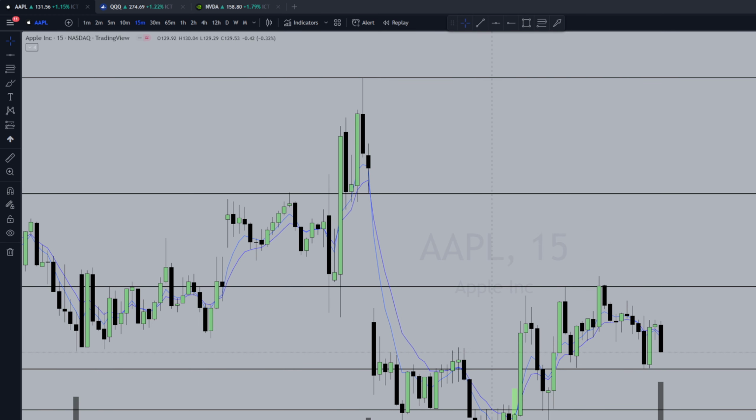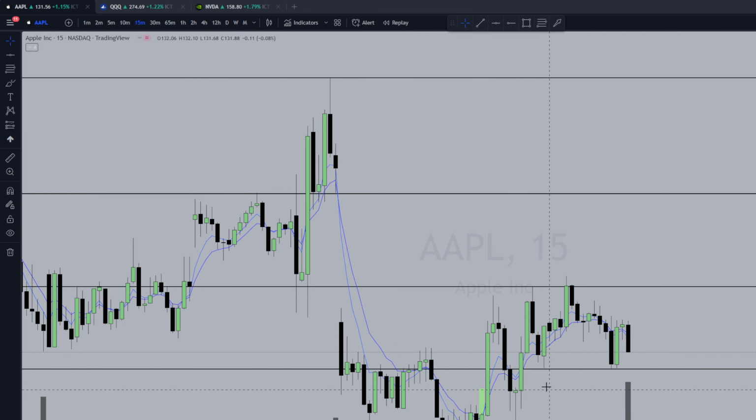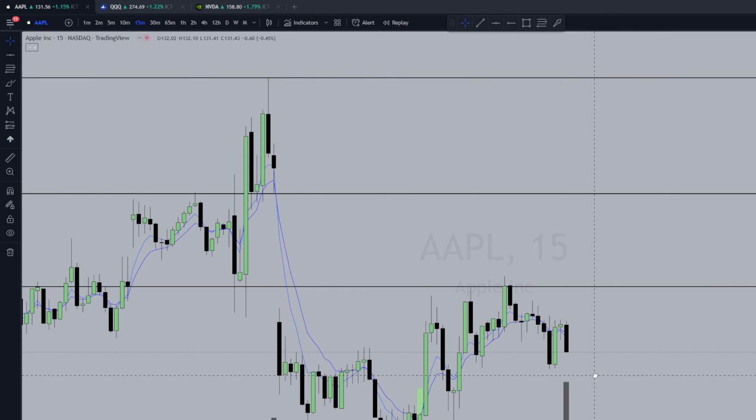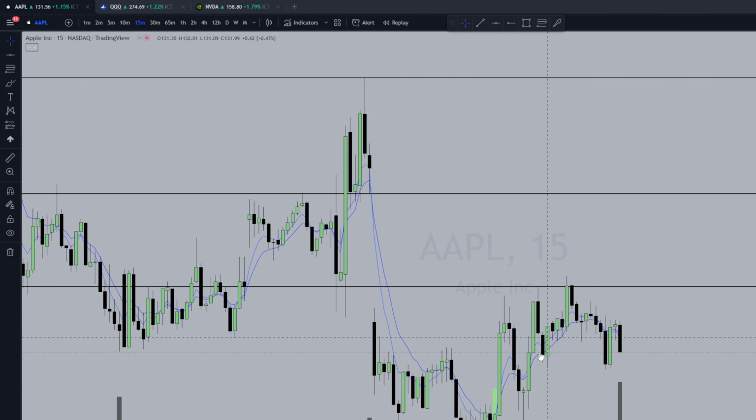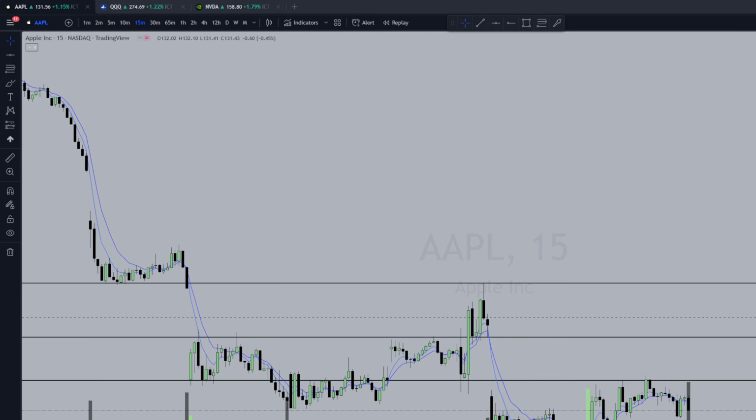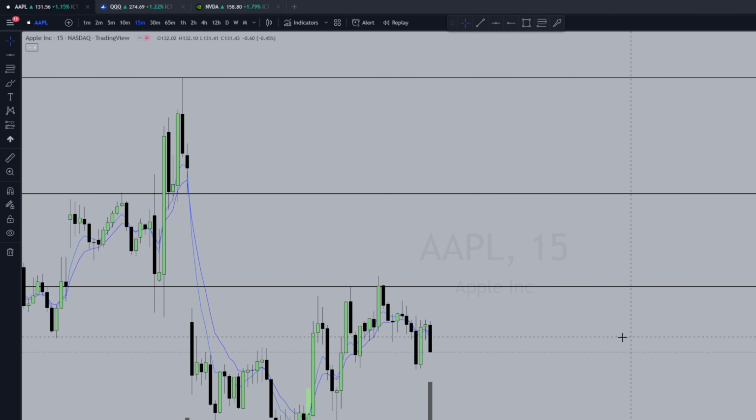And I would keep this lower one, right? Maybe I want to get rid of this one, or maybe this one. And I would keep these and put them over to the next day. Next day, if one of these invalidates, I'll delete that, and then I'll make a new one, because there are new levels that form every single day.